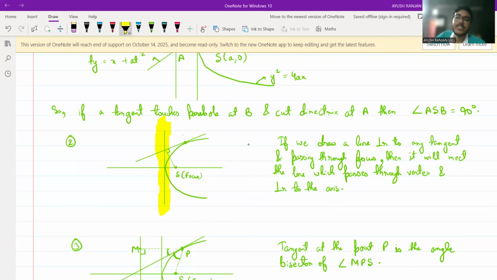Here we need to call it the line perpendicular to the axis of symmetry and passing through the vertex.